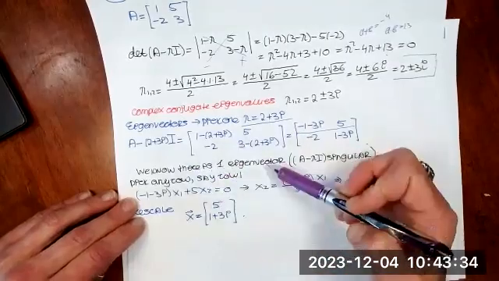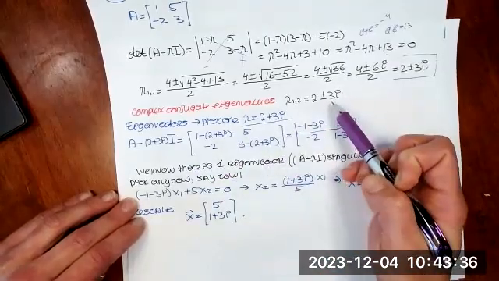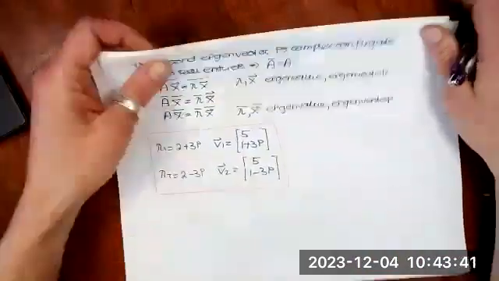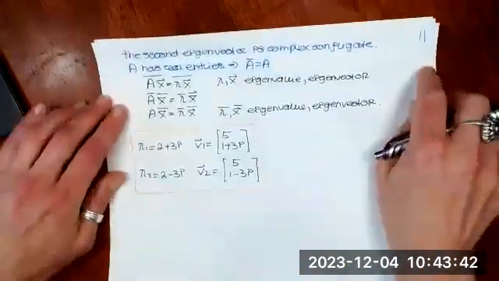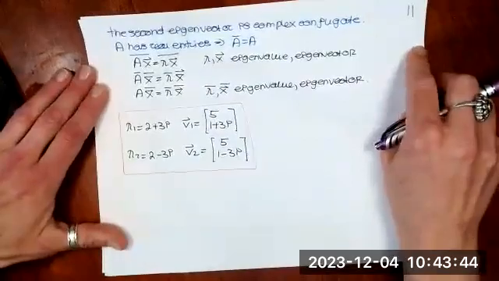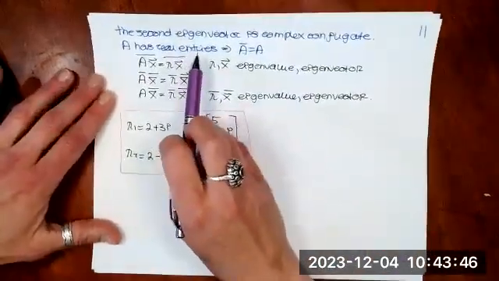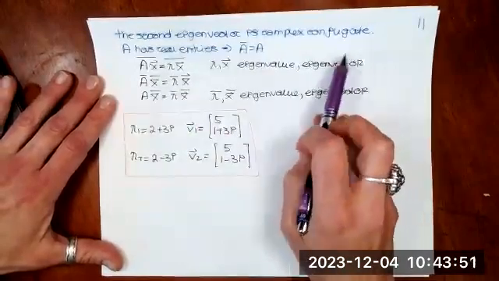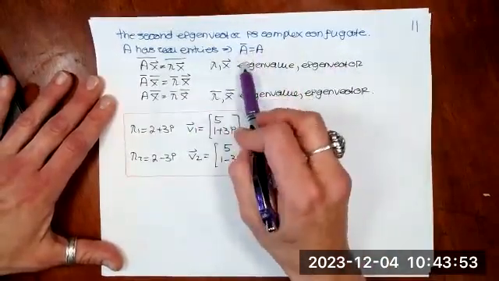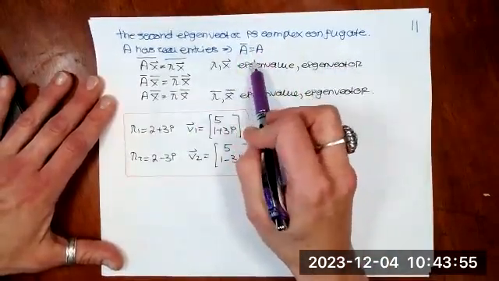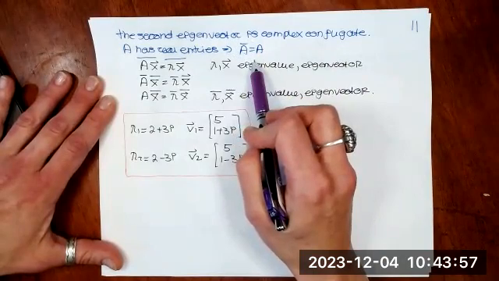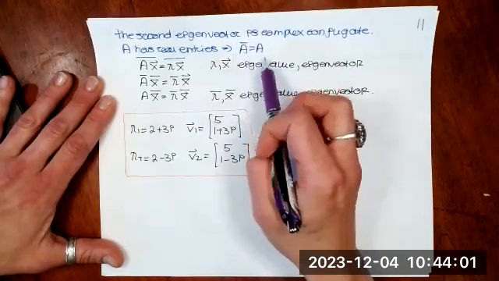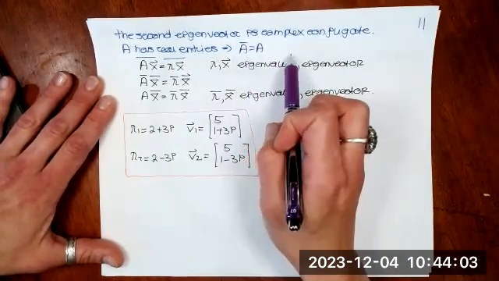So do I want to do the same thing for the second eigenvalue? I can, but I really don't have to. If my matrix A has real entries, so there are no complex numbers in my matrix A, then the complex conjugate of A equals A itself.